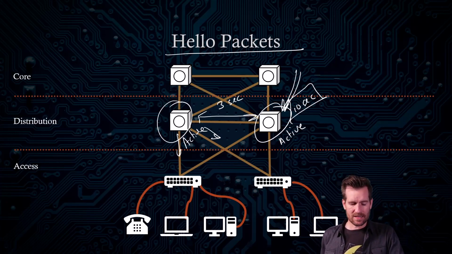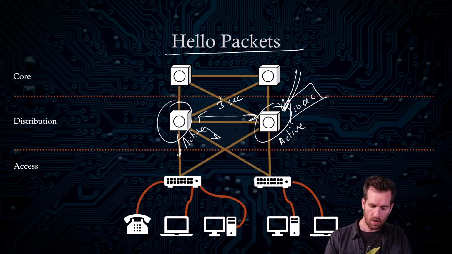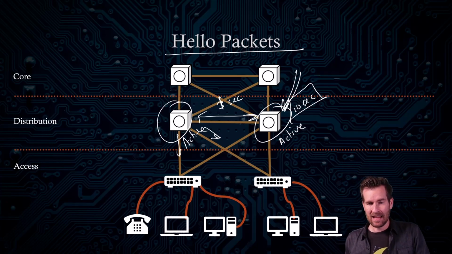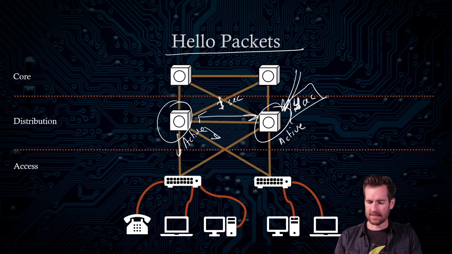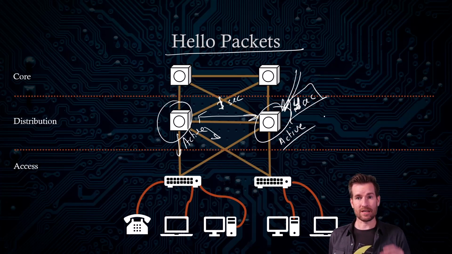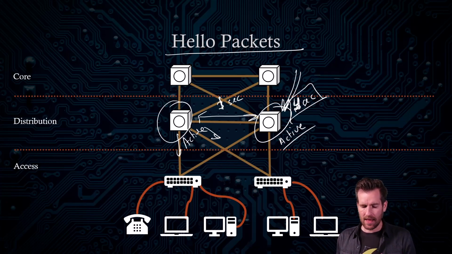So if we want it to respond faster, we could set it to maybe 1 second, and maybe it will then fail over at 4 seconds instead. So then it takes on this active role. Of course, it would happen much faster, allowing this network to heal much faster. The downside to doing that is that you may have some false positives.